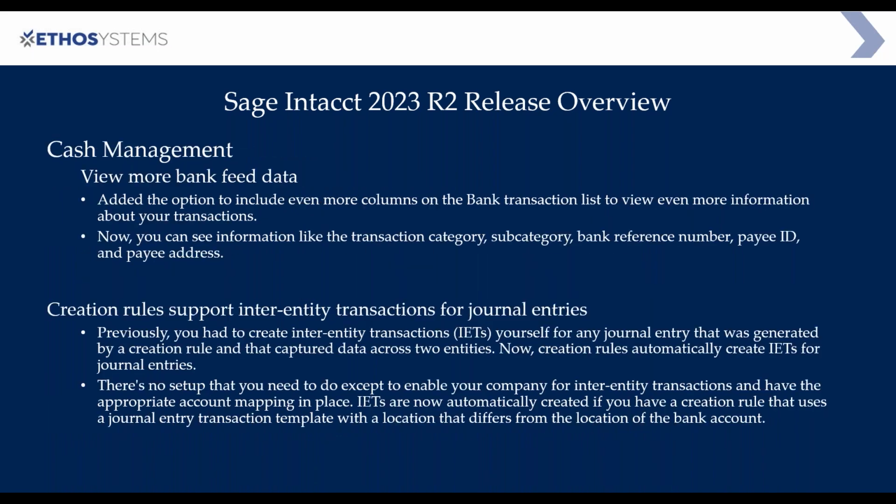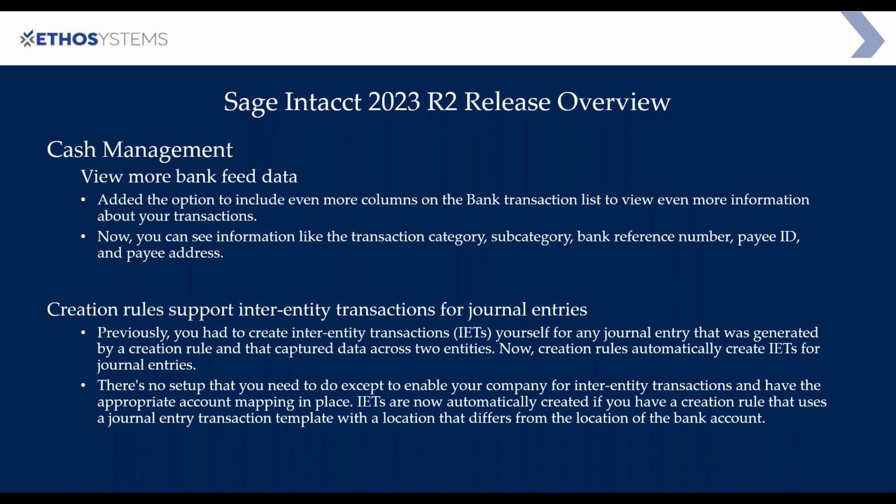Within cash management, you can now view more of the data within the bank feed. So you can see things like transaction category, the bank reference number, the payee ID and address. These were things that you could not see previously in the bank feeds. They will now be available for you to view, especially when you are matching these different items on the bank feeds.